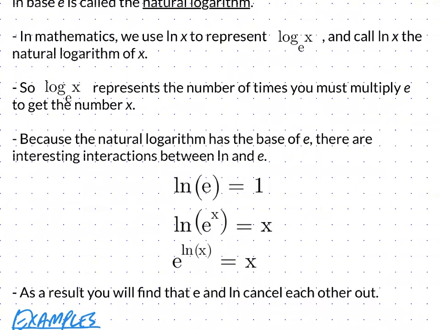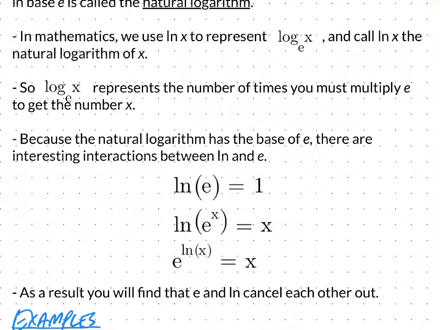So, reminding you of how logs work, the log in base e of x represents the number of times you need to multiply e by itself to get the number of interest, which is x. Because the natural logarithm has a base of e, there's some interesting interactions between the natural logarithm and e.